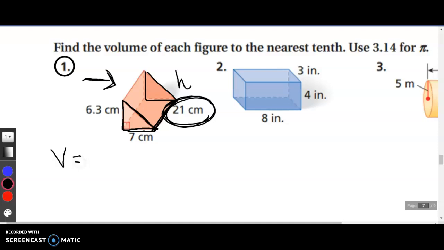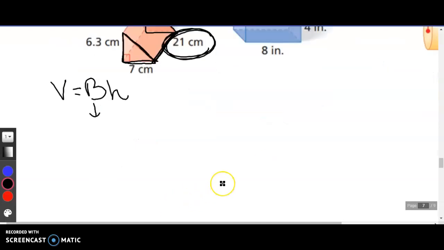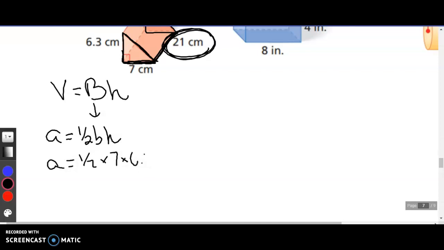So volume equals base times height. But in this case, the area of this base, since it's a triangle, is half times the base of the triangle times the height. And now we're just looking at this triangle. So it's going to be half times 7 times 6.3. And that winds up giving me an area of 22.05. So that's what this is.